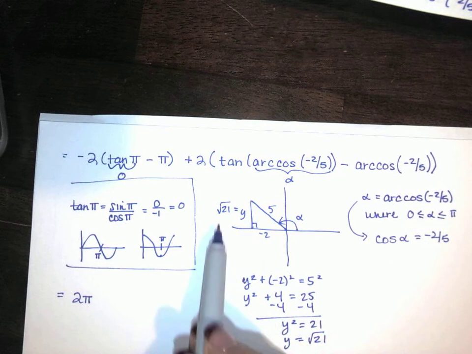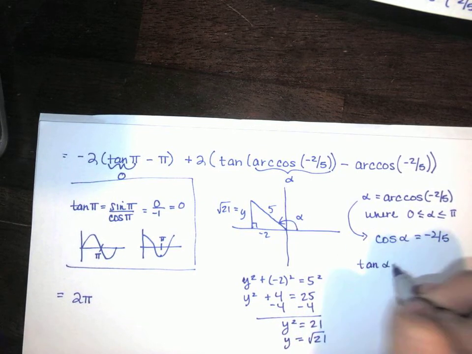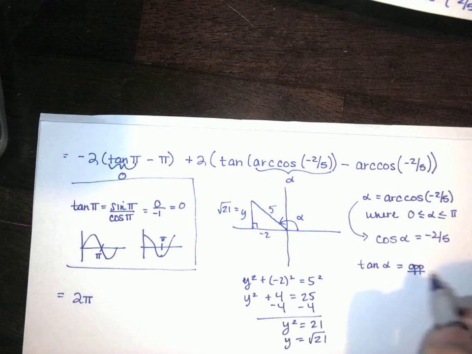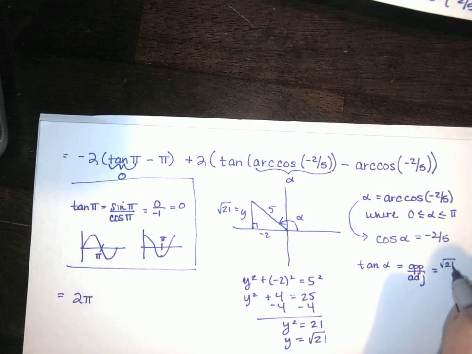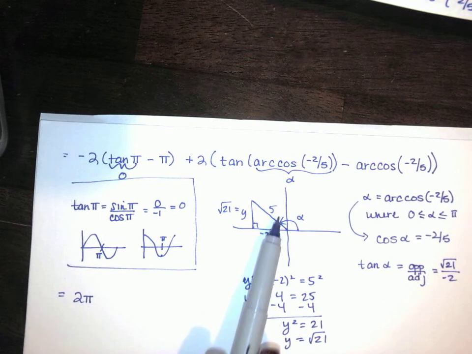Now I can just look at this triangle to find the tangent of alpha. So the tangent of the arc cosine of negative 2 over 5 is, according to right triangle trig, opposite over adjacent, so SOHCAHTOA. Opposite side is square root of 21. Adjacent is negative 2, when we expand right triangle trig to go beyond quadrant 1.